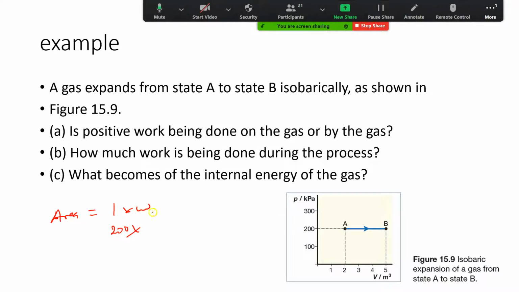Now, as it pertains to the width, it is 5 minus 2, which is going to give us 3. So 200 times 3 is going to give you 600 joules. But it's not just 600 joules, it's negative 600 joules, right? Because you're doing work against the system, right?